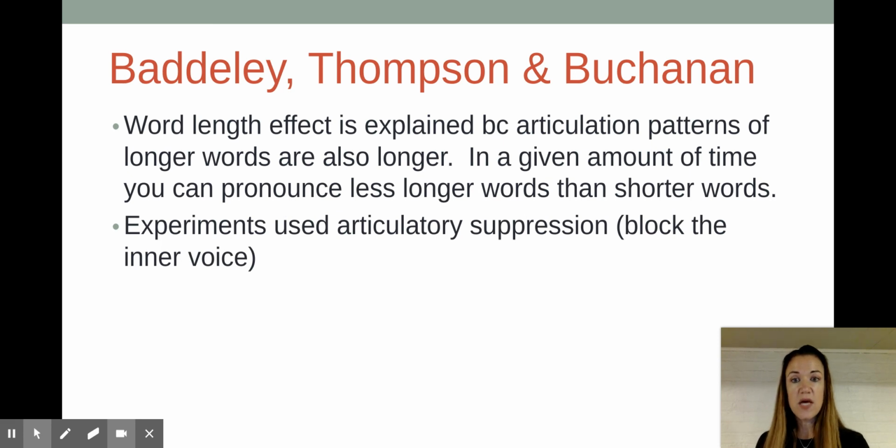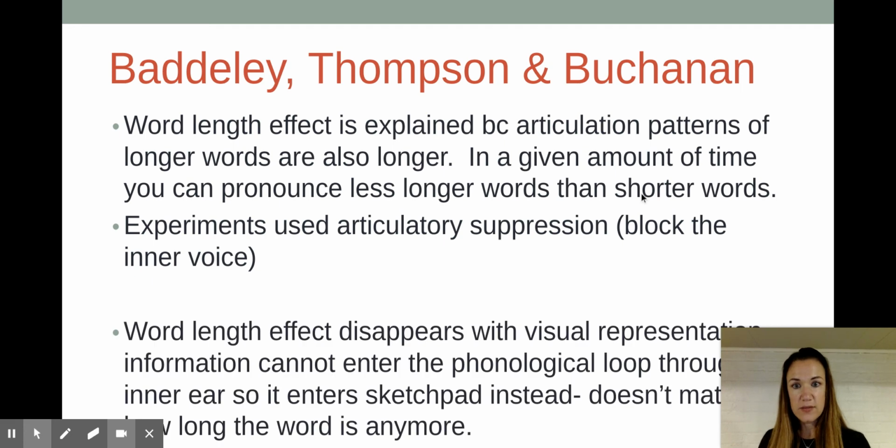So experiments used articulatory suppression to block the inner voice. The word length effect disappears. So if there's a visual representation, it doesn't matter how long the words are, if I block your ability to say it out loud. So that gives evidence for the fact that there are these different components in the working memory model.